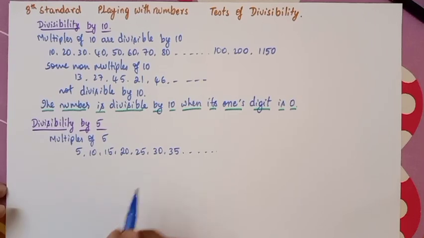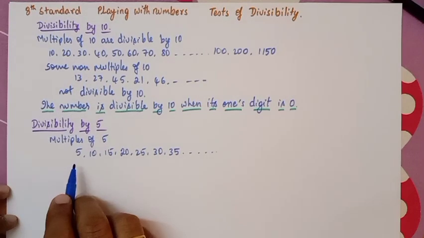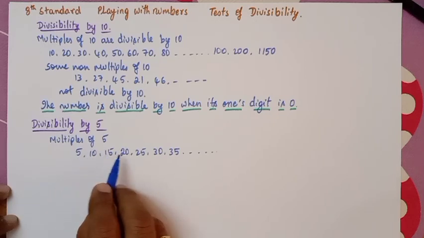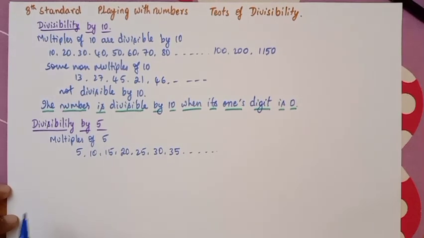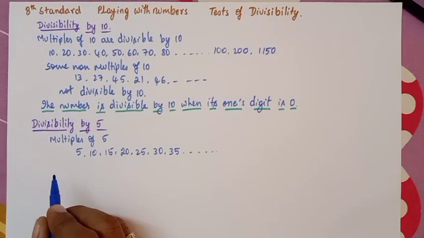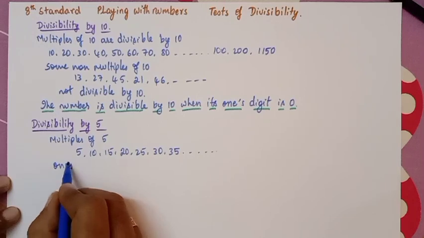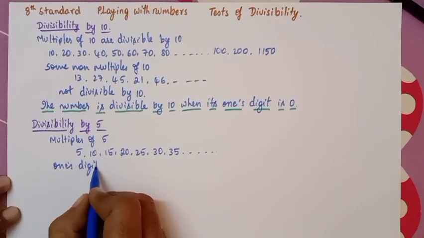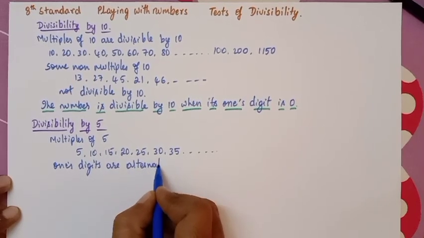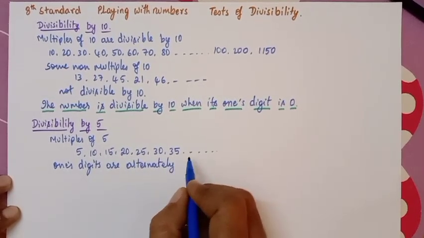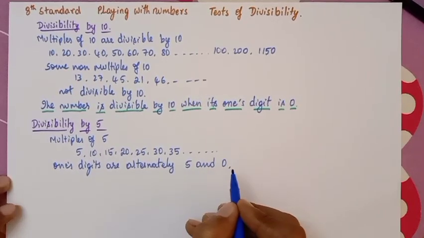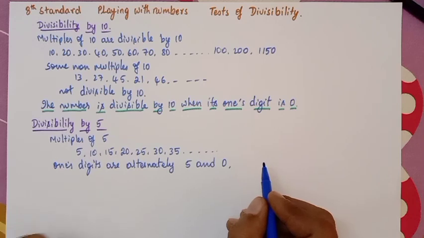In all these numbers, you will see 0 and 5 repeated in the ones place. The ones digits are alternately 5 and 0, 5 and 0, and no other digit ever appears.